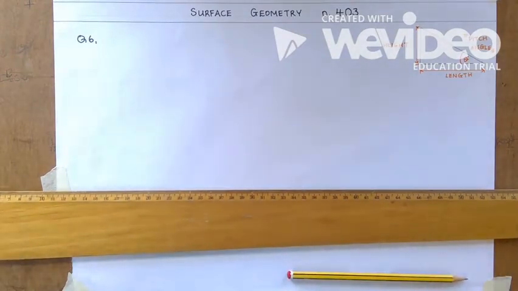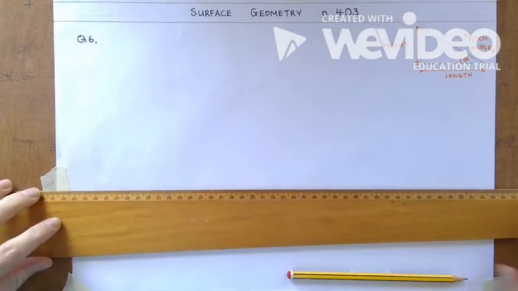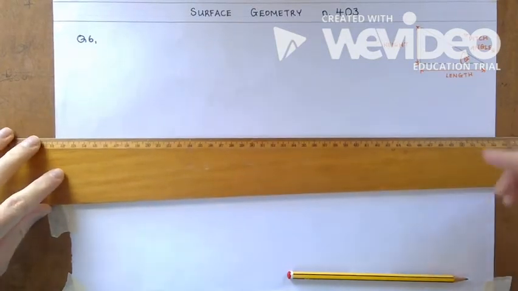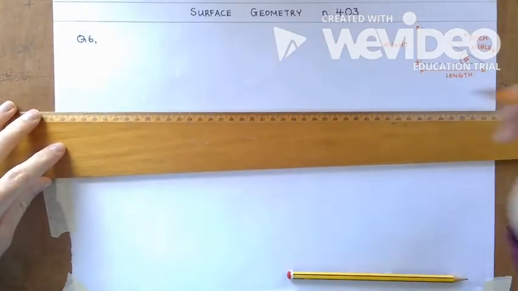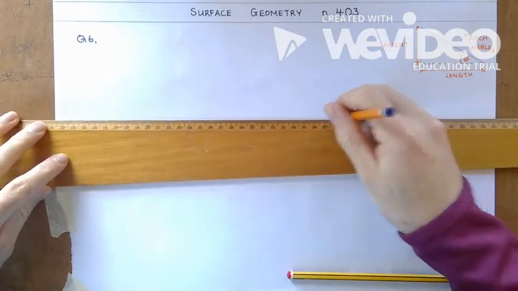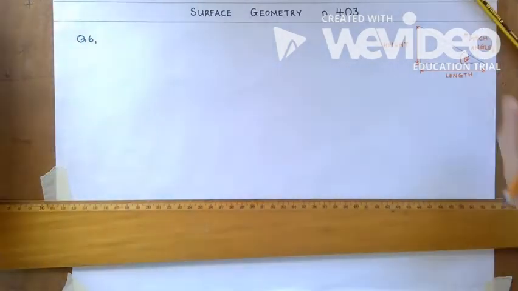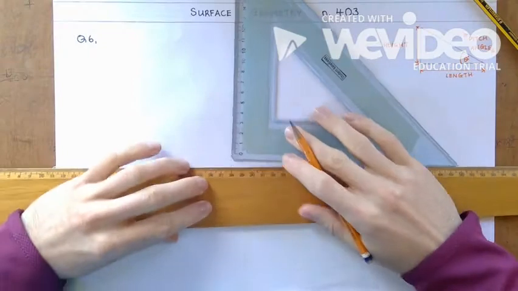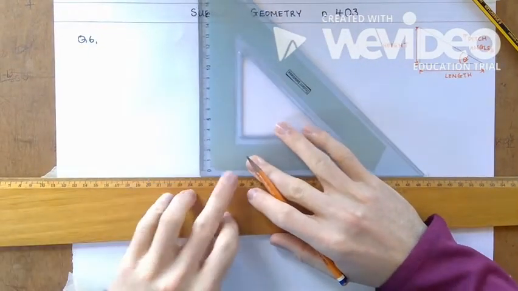Okay, so the first thing is the width of surface B and C in plan view is 5 meters. So 5 meters to scale is 50 millimeters. I'm going to mark in that length of 50.